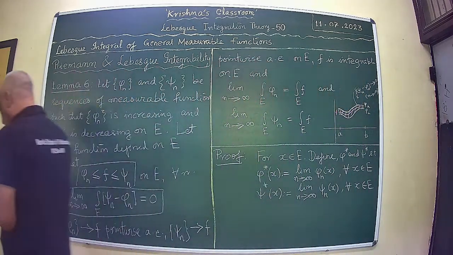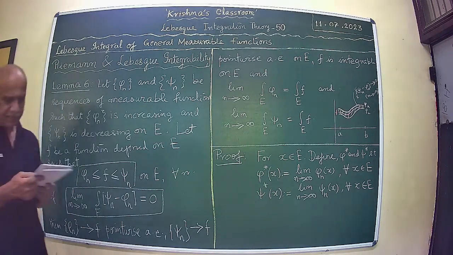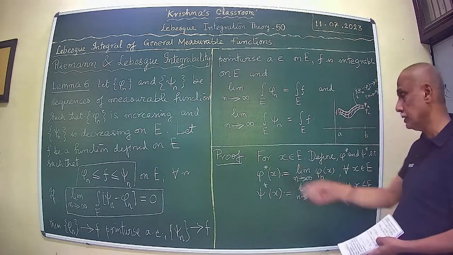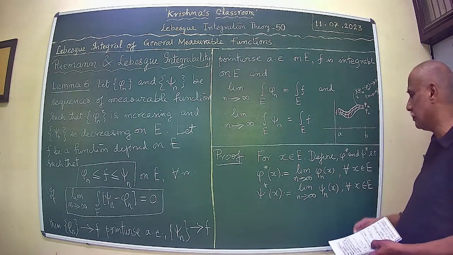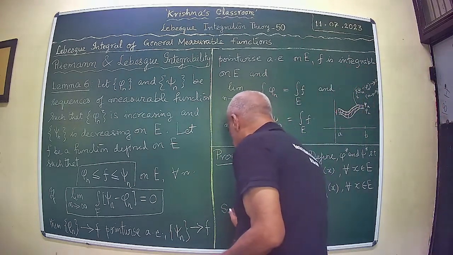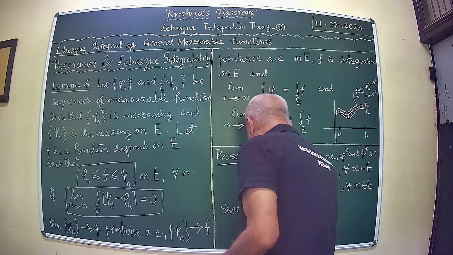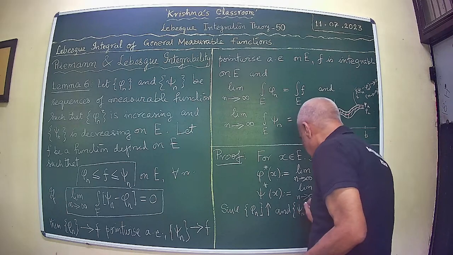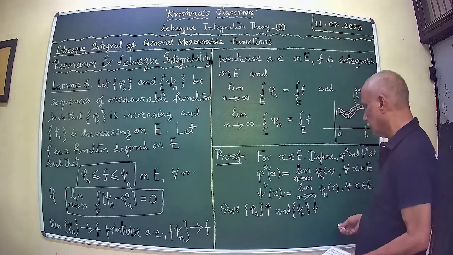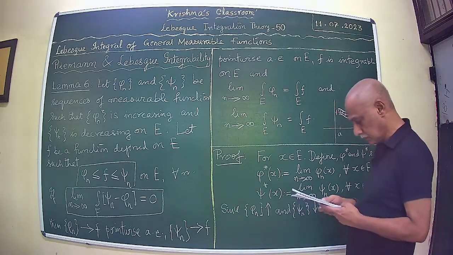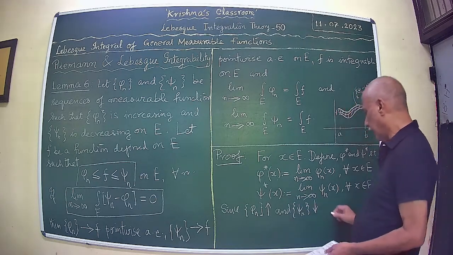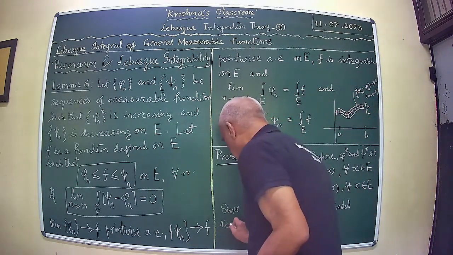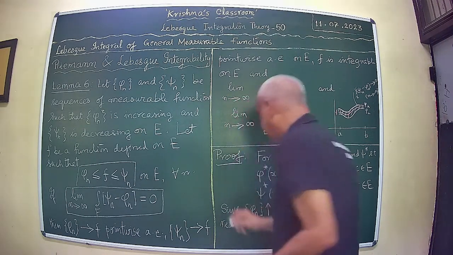Now, the first thing that you observe is that phi star and psi star are well defined, since phi n is monotonically increasing and psi n is monotonically decreasing, measurable, and they are extended real valued, that means they take values in R star.